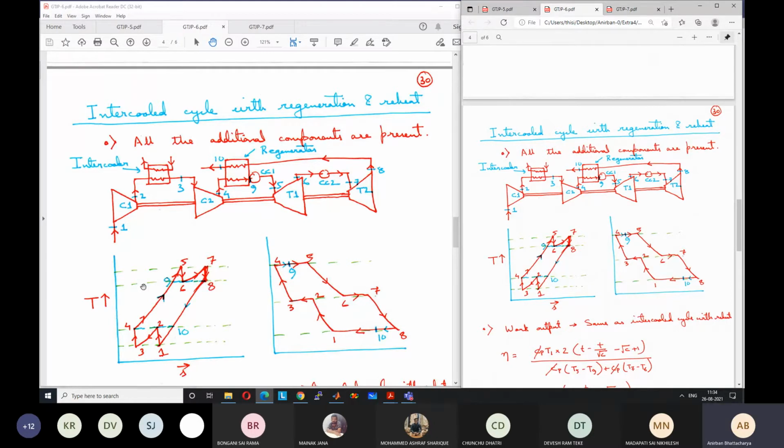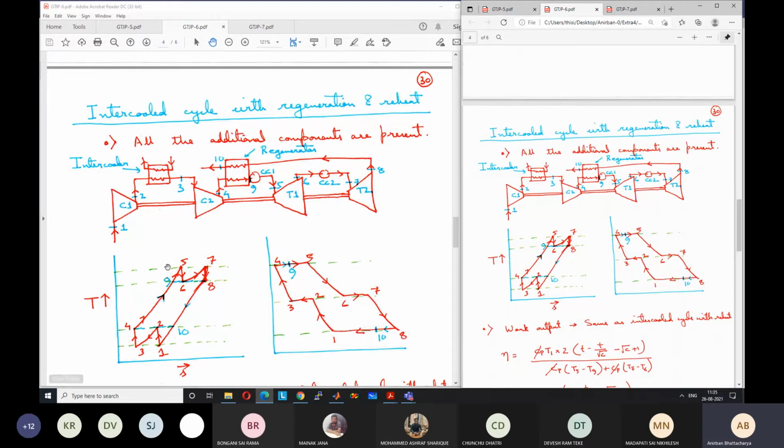What you can see from this diagram is that there is a huge scope for regeneration. Because of intercooling we have decreased the temperature of the compressor outlet, so the scope of regeneration has increased. And because of reheating we have increased the temperature of the exhaust gases, so the scope of regeneration has again increased.